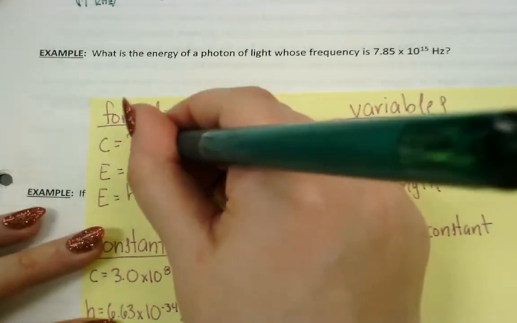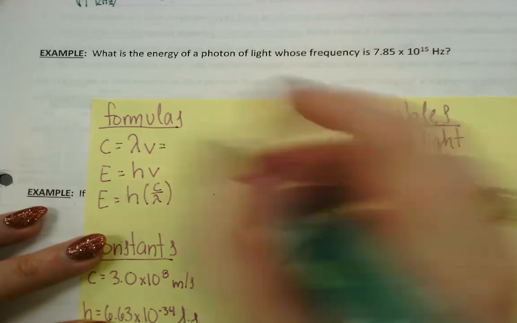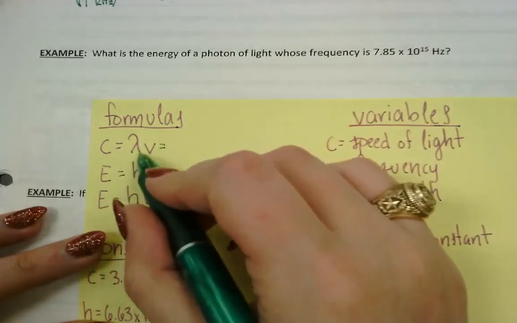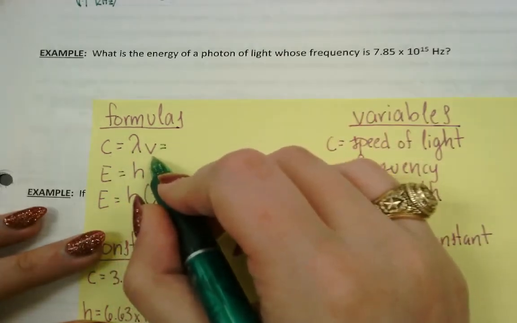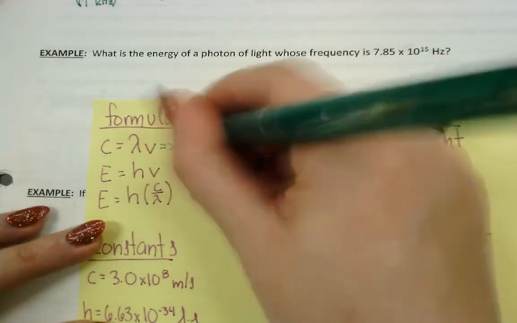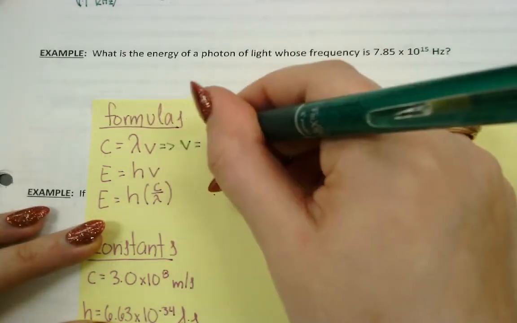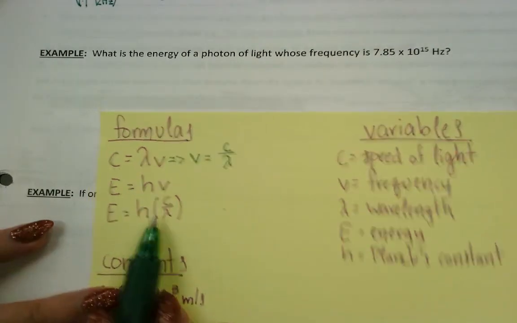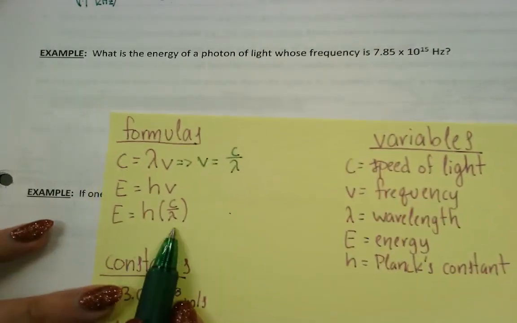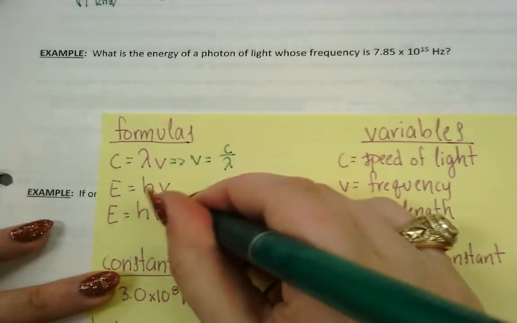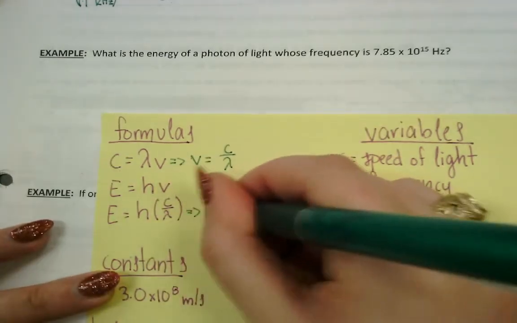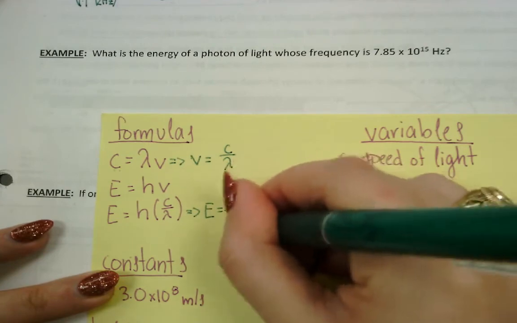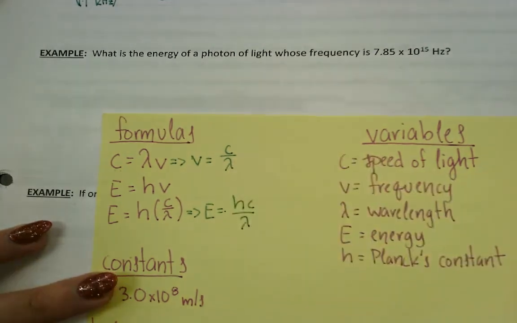So many times have we rearranged our c equals wavelength times frequency to get frequency. Okay, and what does that look like? c over wavelength. You may also see this written like that. They're the same thing.